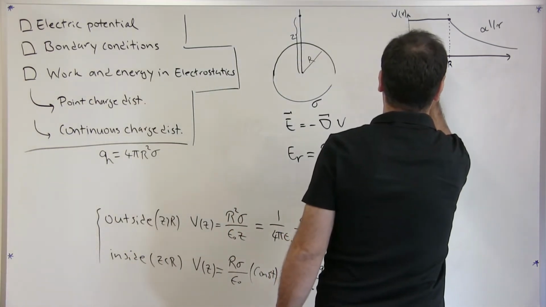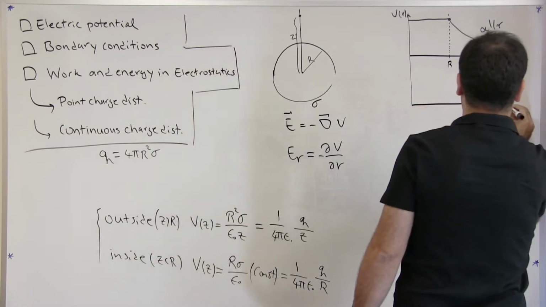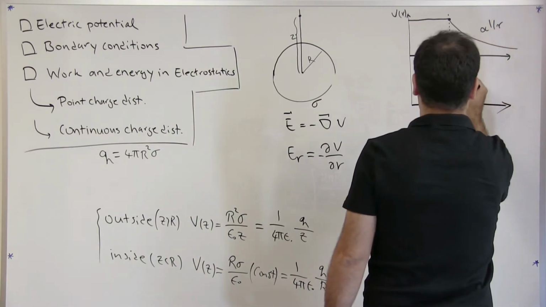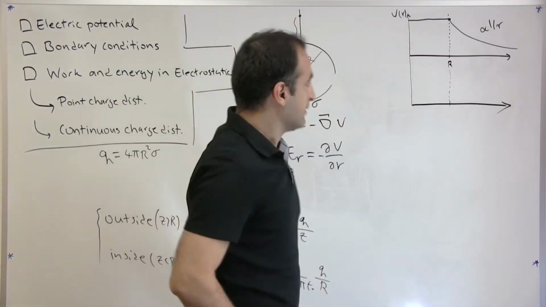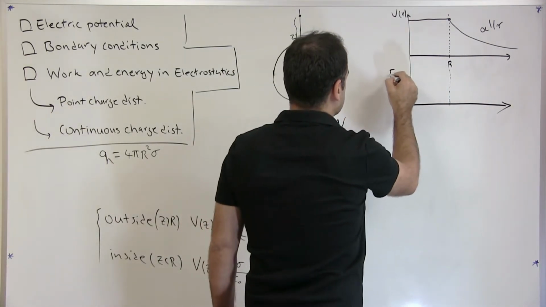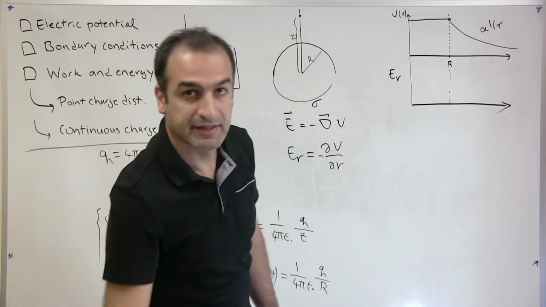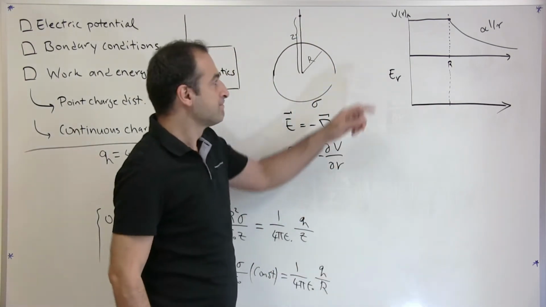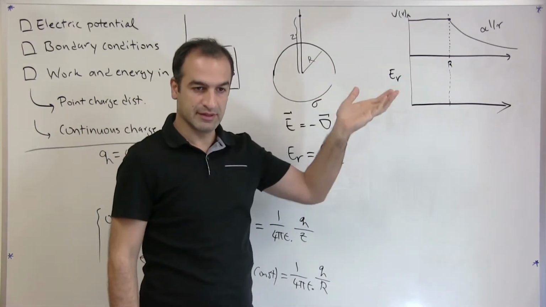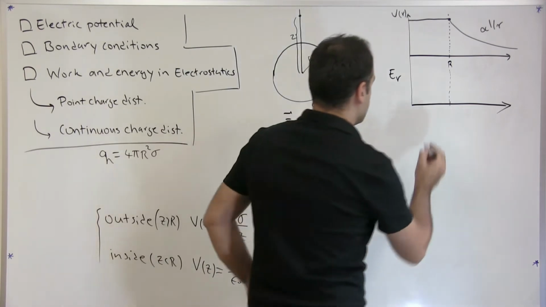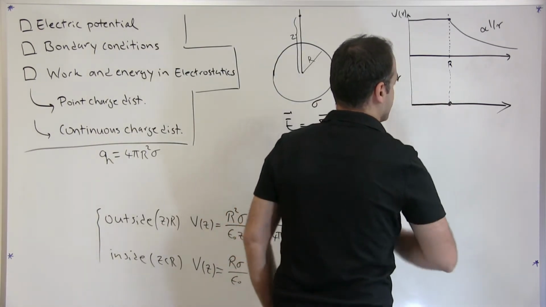So then if I want to continue this, and if I want to plot electric field, of course, the radial component as a function of distance, what do you expect here? Derivative of this with respect to r is 0. Okay, so here we get 0 all the way to this point.